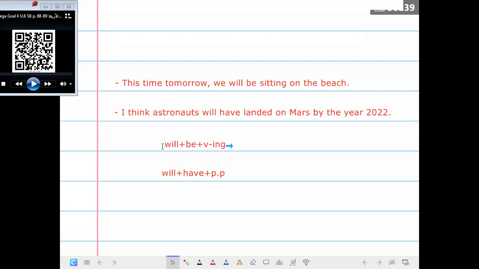I want a student to tell me what is the name for the first form. واحد يقول لي بقى إيه التكوين اللي هو الأول ده. التكوين لزمن إيه؟ هل هو الفيوتشر كونتينوس ولا الفيوتشر بيرفكت؟ الناس اللي ركزت معايا في الجزئية دي بسرعة كده. will be والفيرب ing يبقى فيوتشر كونتينوس اللي هو البروجريسيف ولا الفيوتشر بيرفكت؟ اتفضل يا عمر. ما فيش غير عمر ولا إيه؟ معانا أكيد يوسف، معانا ليث، معانا يزيد، معانا ناس كتير موجودة. المفروض إن حد يساعد زميلكم عمر، ما يبقاش كل الحصة هو اللي بيشارك. طيب اتفضل يا عمر. هيبقى الفيوتشر continuous أو progressive.